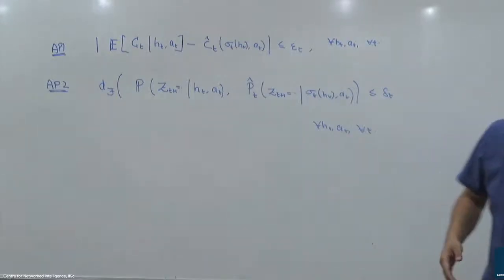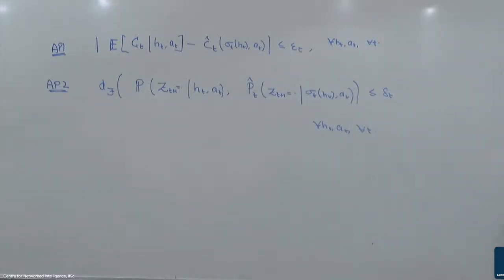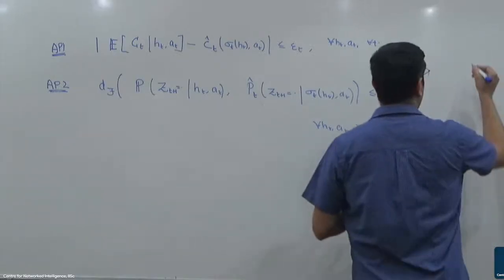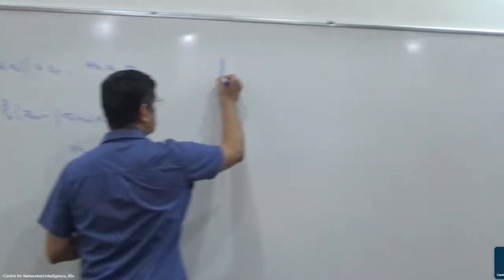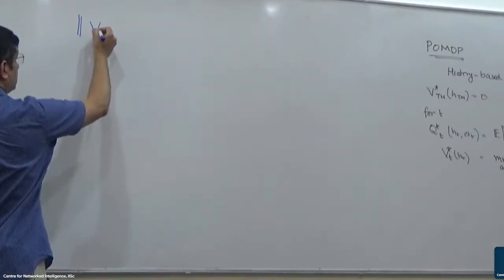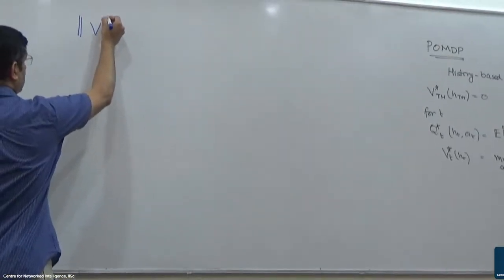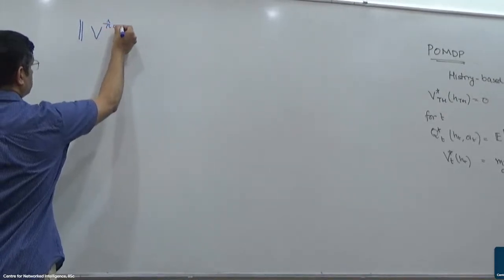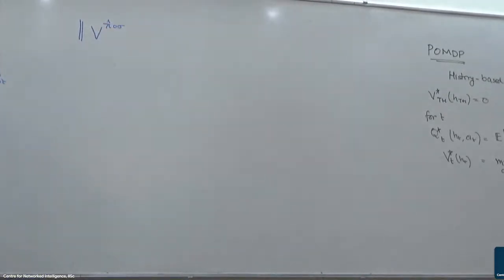So I'll just write down the result for model approximation, because that's the final thing we care about. I can ask the following question. If I look at the value function of pi hat composed with sigma, okay, that's the policy that I defined there.